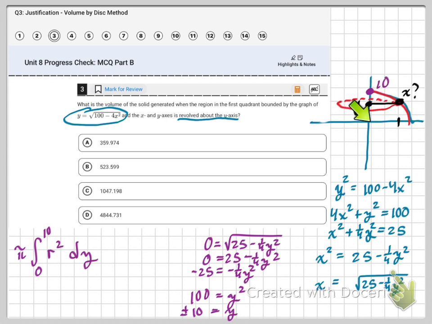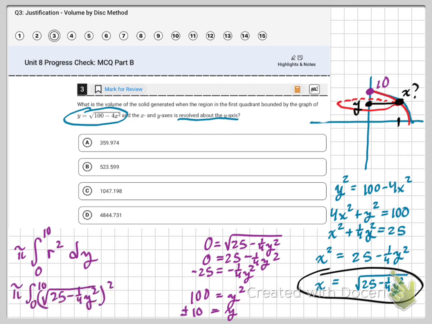The x would give us the distance from the y-axis to the outer curve right here, whichever circle you're on, which is why we did all this business down here. So I'm going to plug that into my radius because that actually is my radius. No other hard work to be done there.